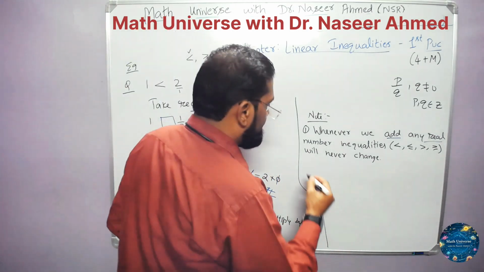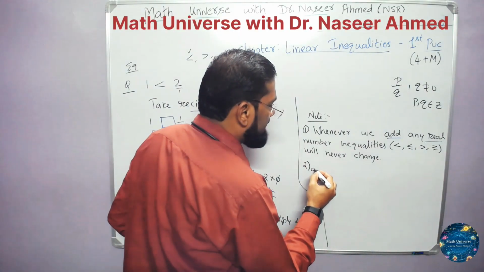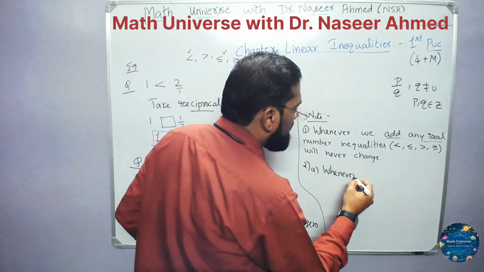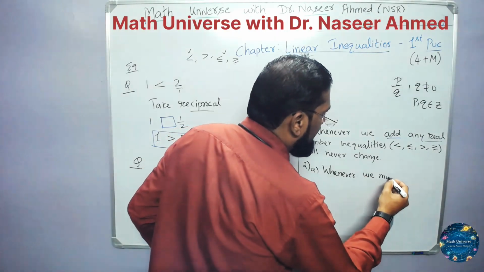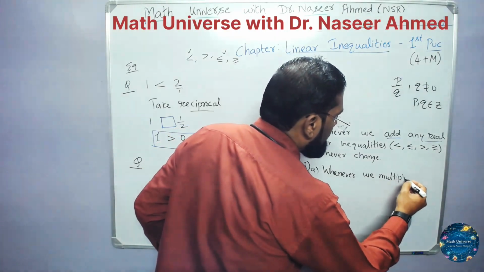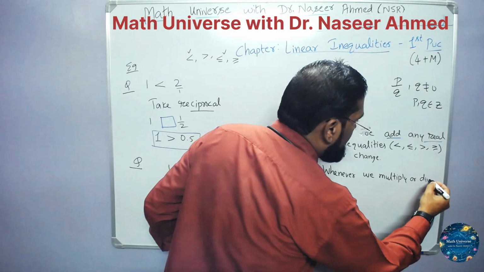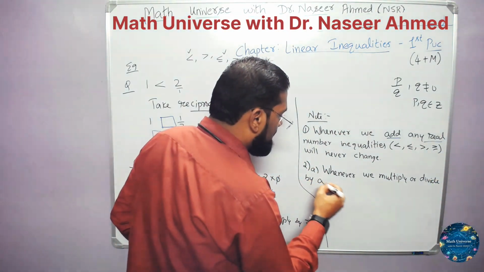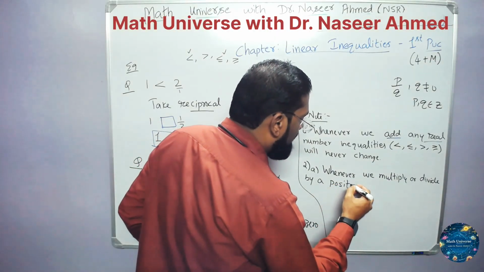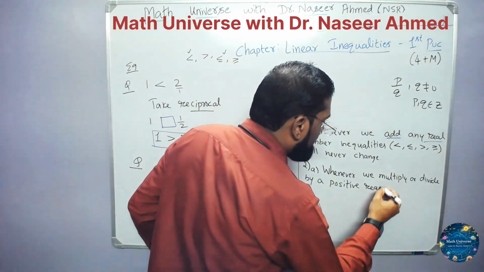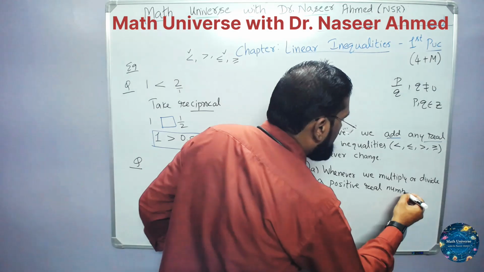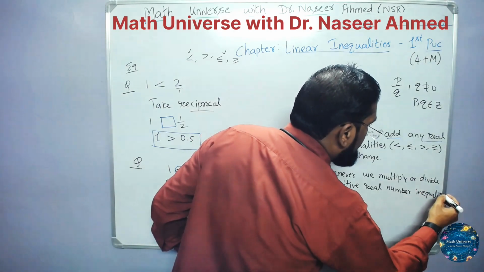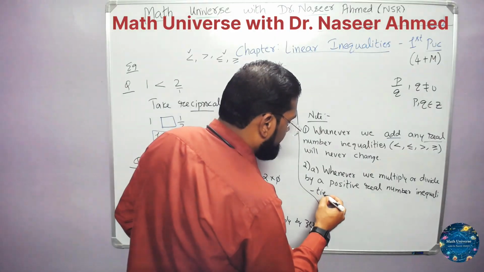Second point. We'll take as A and B. A: whenever we multiply or divide by a positive real number, inequalities, which are those?